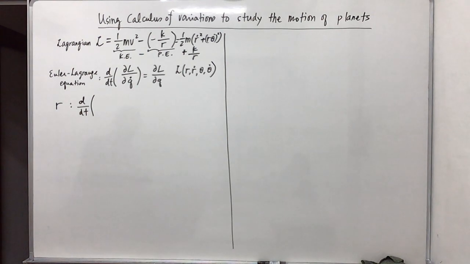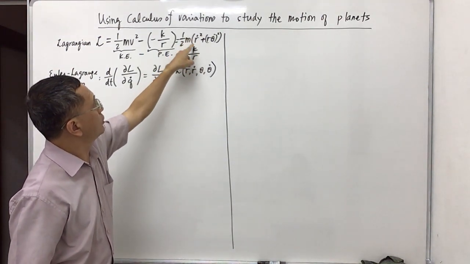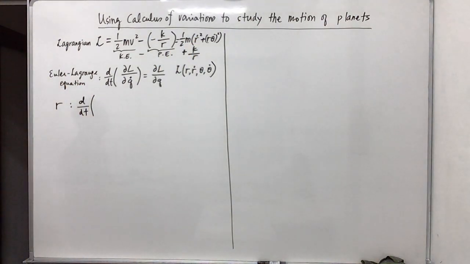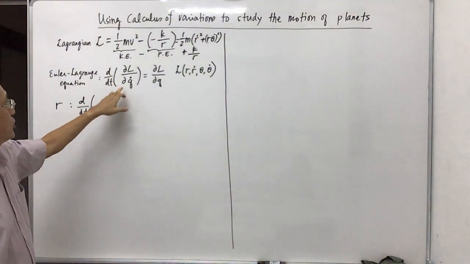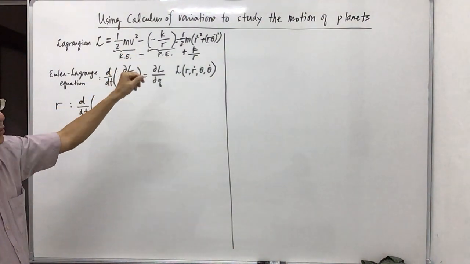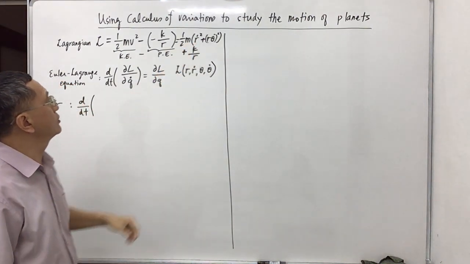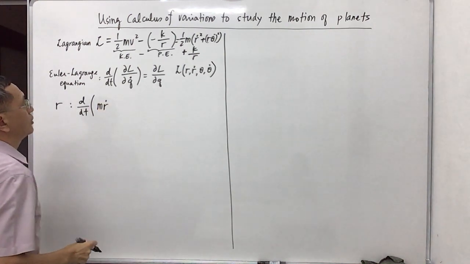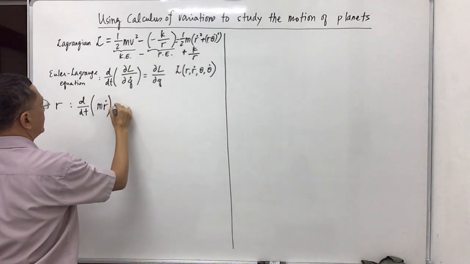Now what is r dot? r dot is up here. When you differentiate r dot squared, you get 2r dot. That's a simple derivative, just like when you differentiate x squared, you get 2x. So r dot, just treat it like a variable. There's a half m outside, so cancelling that, you get m r dot. Now I don't have any more r dot, so that's the only one. I can close my bracket for my left hand side.